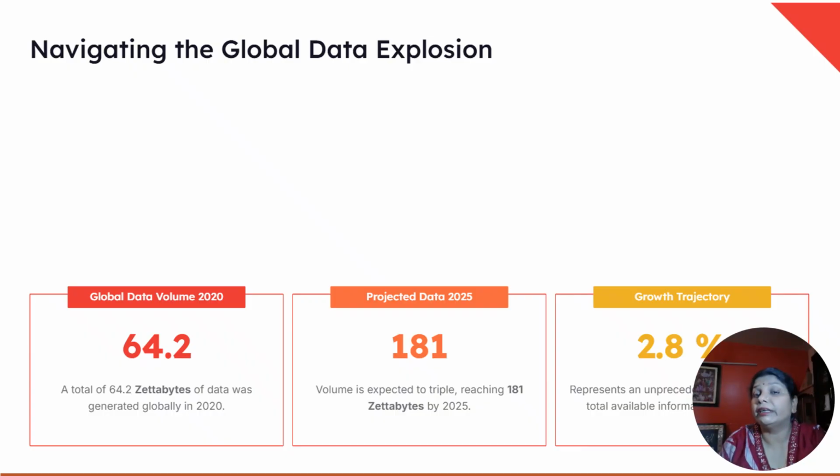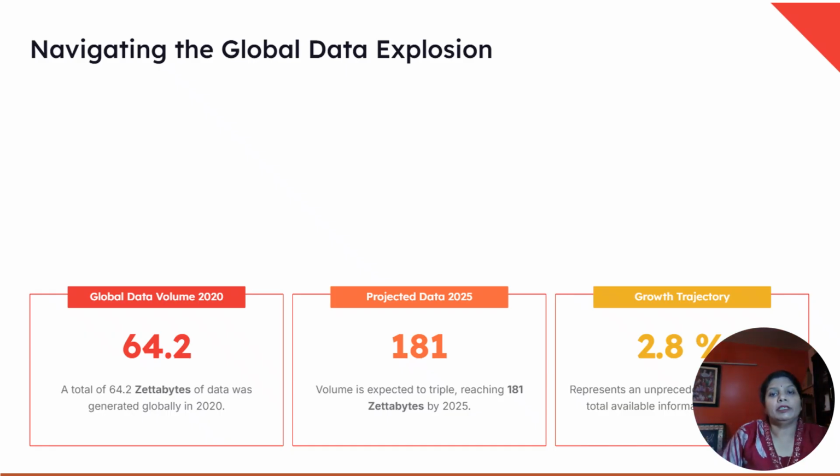The key issue is not data availability. Data is abundant, but our ability to analyze the data efficiently is the key. The growth trajectory highlights a fundamental challenge: as data grows exponentially, traditional decision-making approaches become inadequate. So as data increases, we require a very robust system of data analysis, and integrating AI and machine learning into data analytics has made it easier.